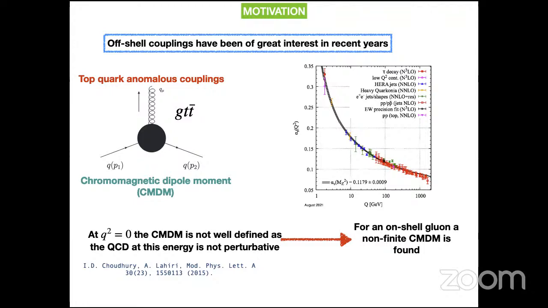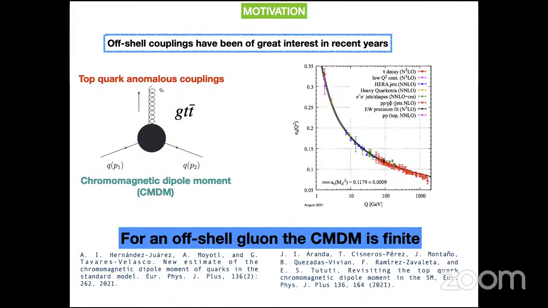On the other hand, last year, two different collaborations here in Mexico have studied this coupling, but for the case of an offshell gluon, and it has been found that the chromomagnetic dipole moment is finite.